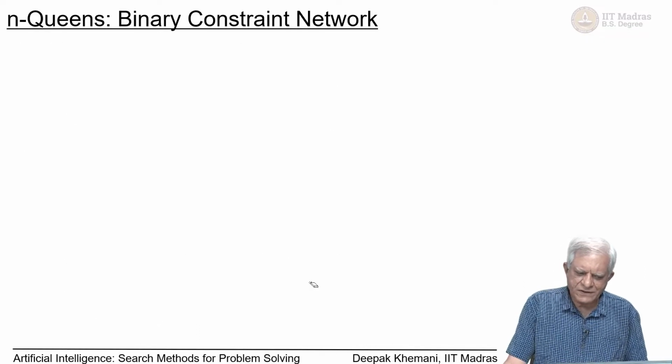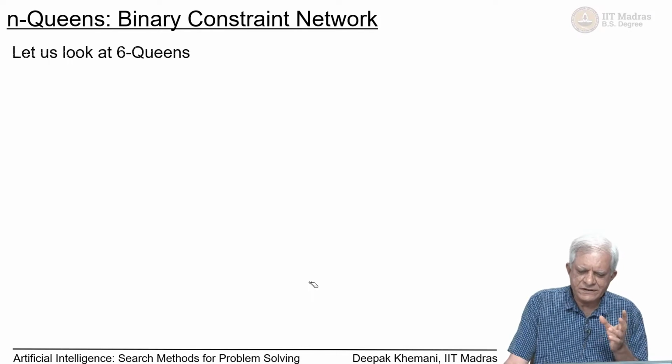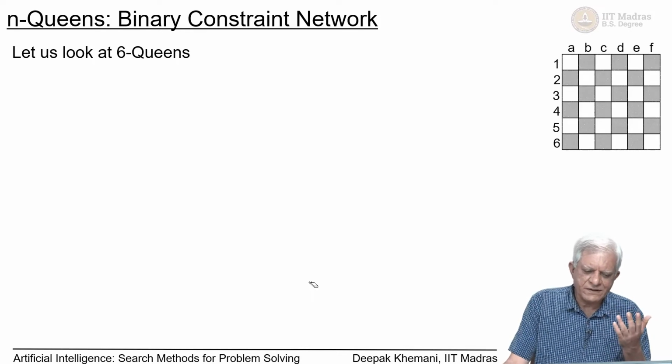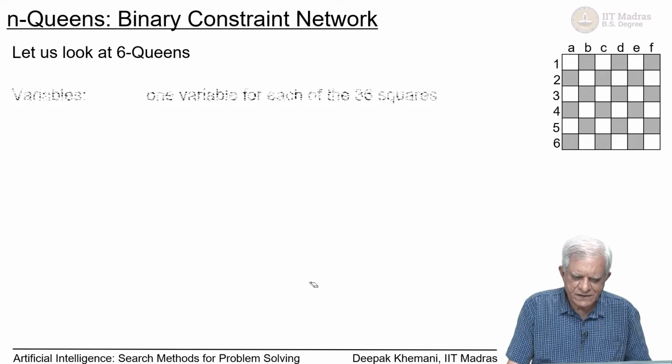So, let us come back to the n-queens constraint network. That is, there are different ways that you could try to model these problems. And if you remember, the problem is that you have to place those 6 queens on the chessboard, which is of size 6 by 6, such that none of them attacks each other.